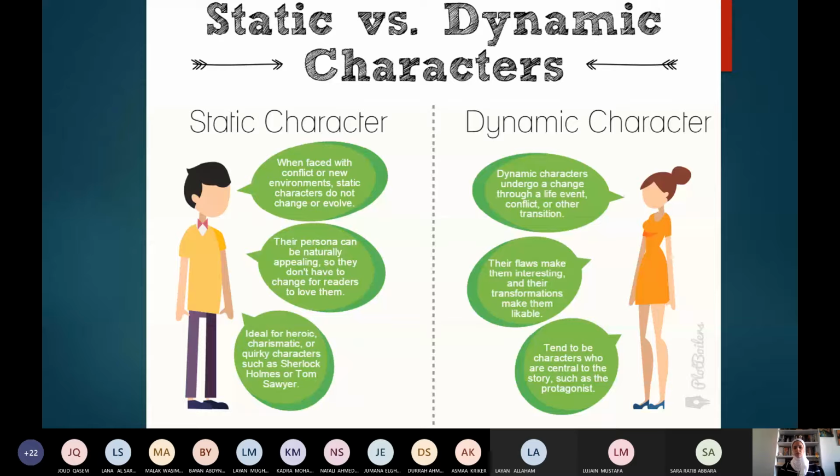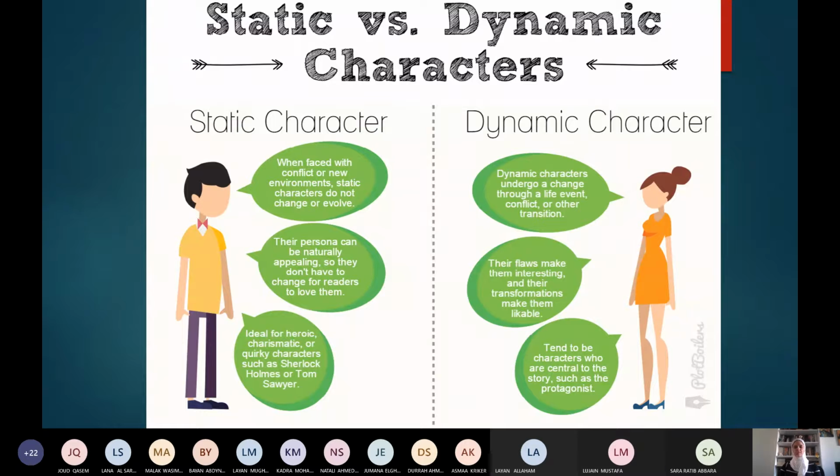Girls, you see my PowerPoint, right? Yes. Okay. Dynamic character, what does he do? He changes. When he faces a problem, he changes. Those characters who change, mainly this is the theme of the story. This is what the author wants to tell you, wants to encourage you to change like them.